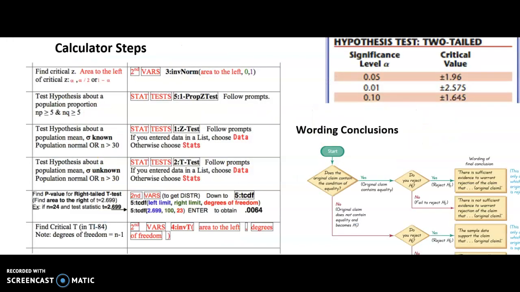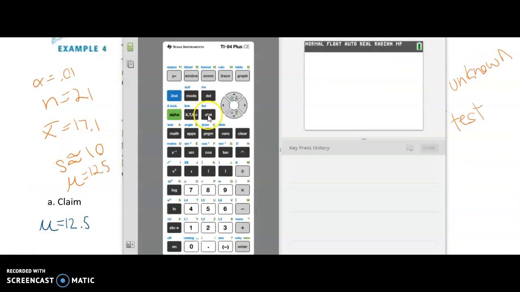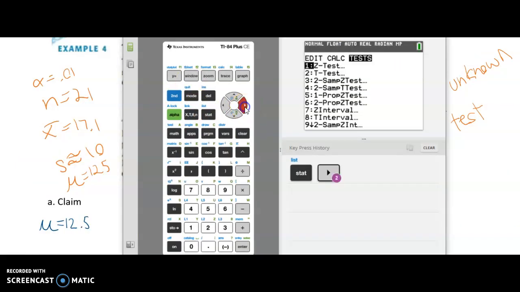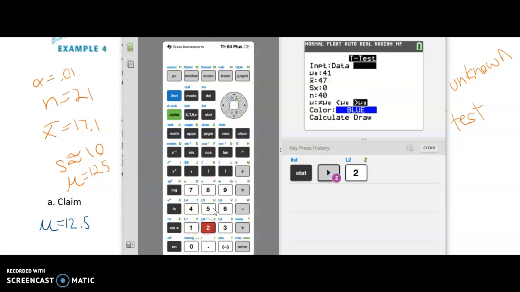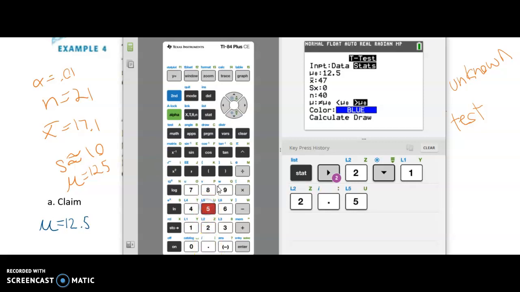I'd like to note to you that on page 2 of this packet, all of your calculator skills for this unit are listed, and we're looking for a hypothesis test about a population mean when sigma is unknown. So we're going to be using STAT, TESTS, 2: T-Test, and then follow the process. So go ahead and press STAT, TESTS, 2 on your calculator. We can just put in Stats because they gave us summary information. Our mean mu is going to be 12.5.